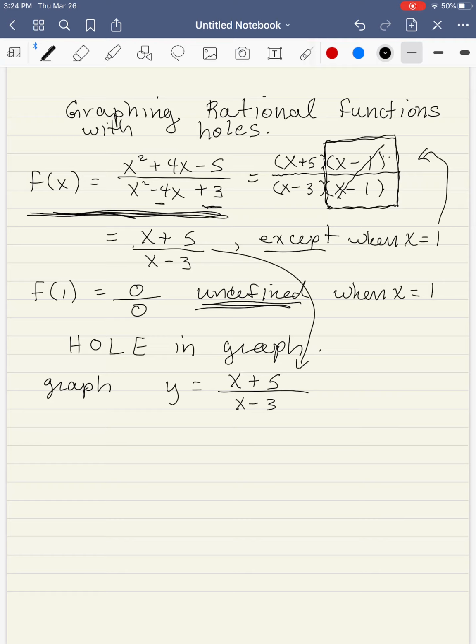We'll do it the same way, finding our vertical asymptote, horizontal asymptote, x-intercept, y-intercept, and maybe some additional points. And then we'll see what happens with the hole after we do that.